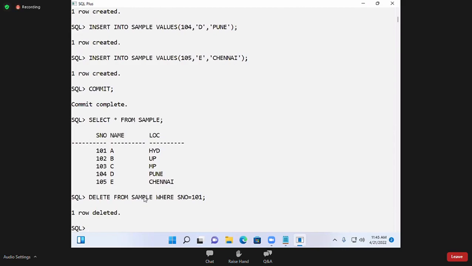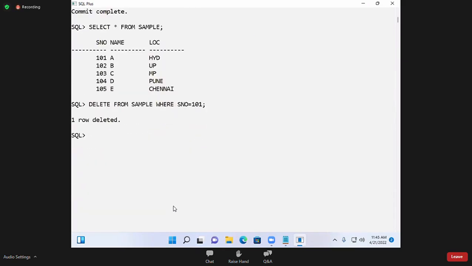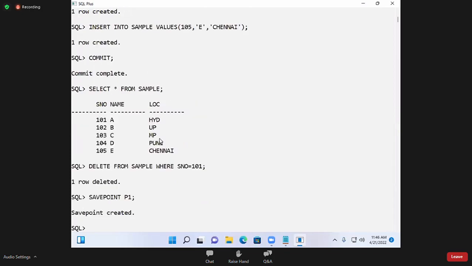So deleted, and where will this 101 be saved? In instance memory. Okay, fine. After that, I'm creating a savepoint, P1. The pointer is created.